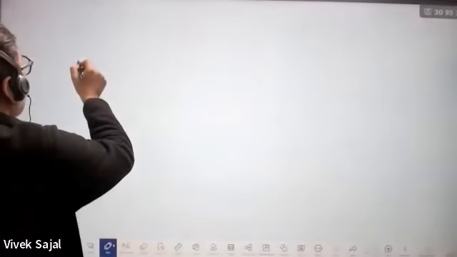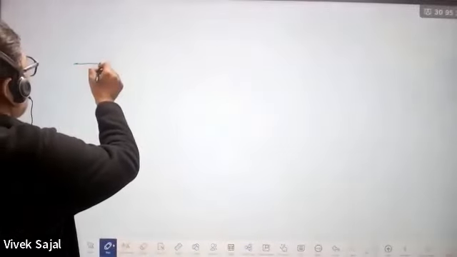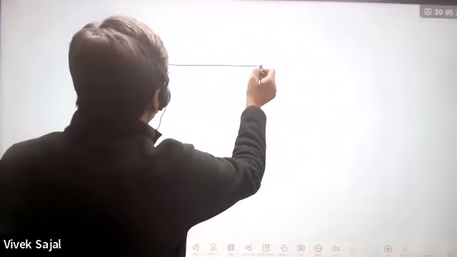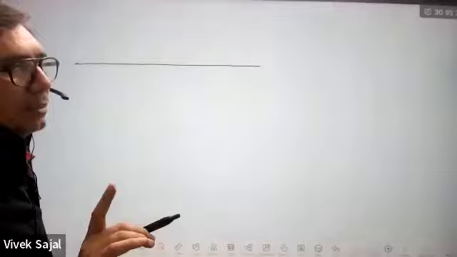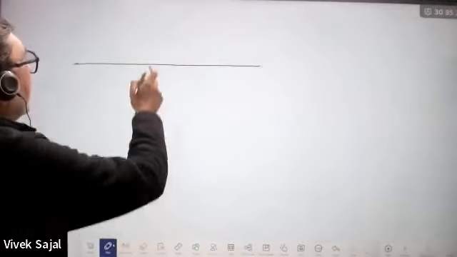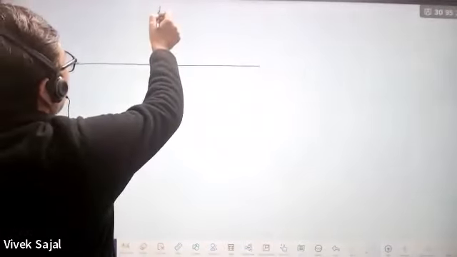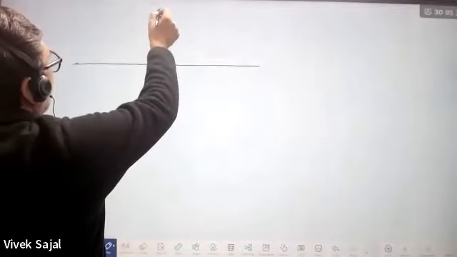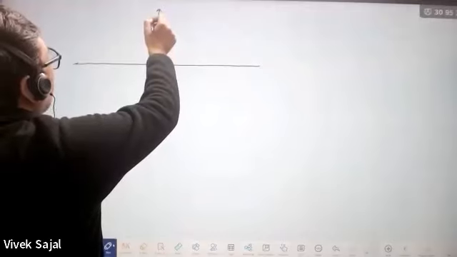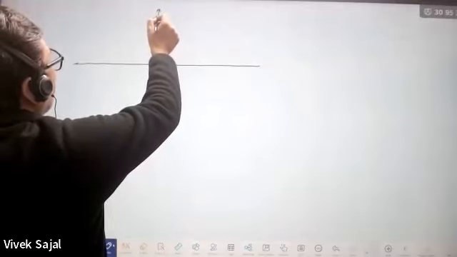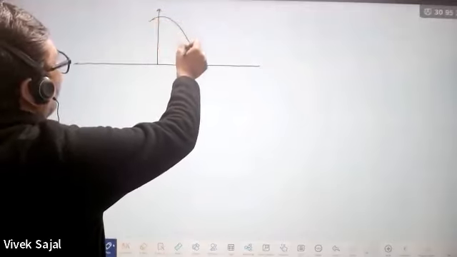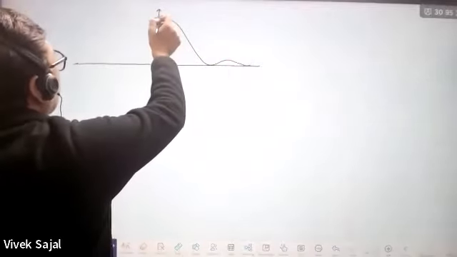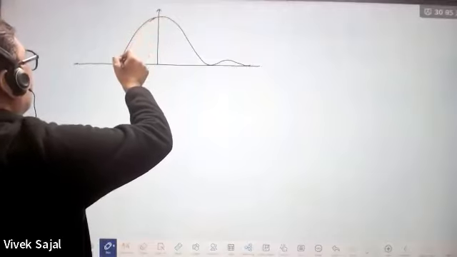So try to tell me one thing. If you are having only single slit, then due to the single slit, what type of intensity pattern after diffraction you are going to get? That pattern will be something like this. This type of single slit diffraction pattern you are going to get.